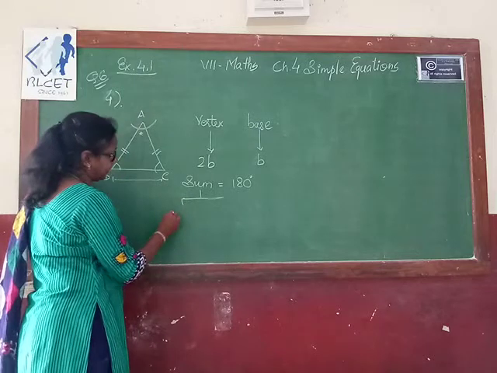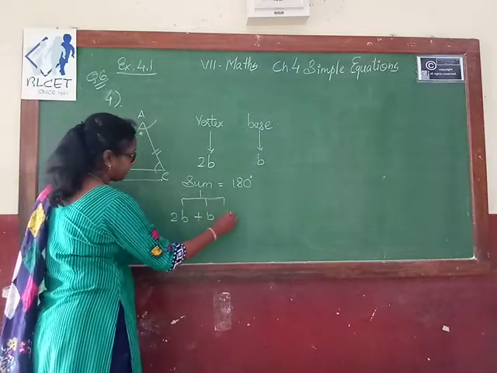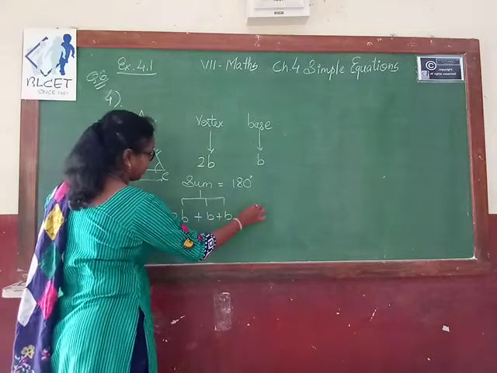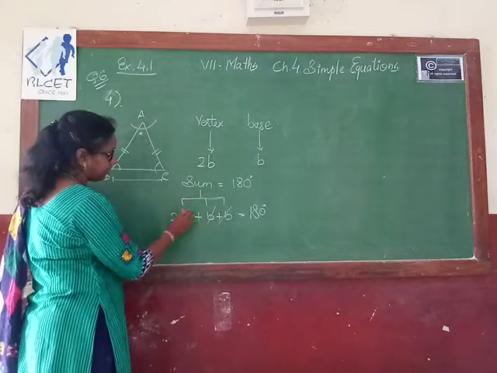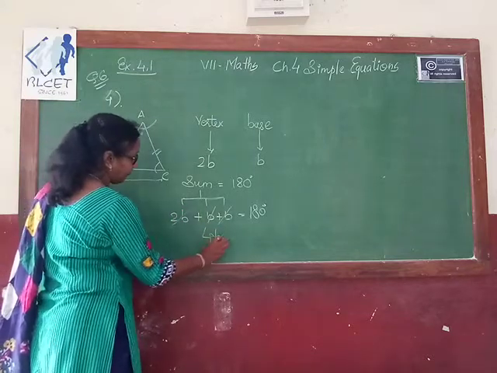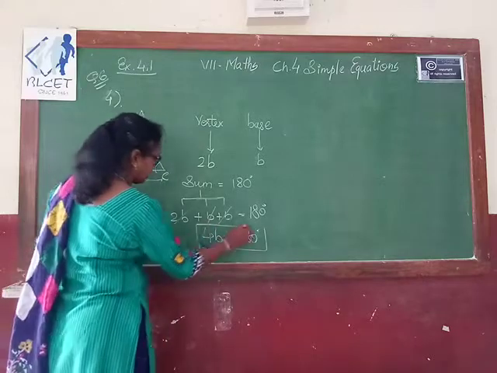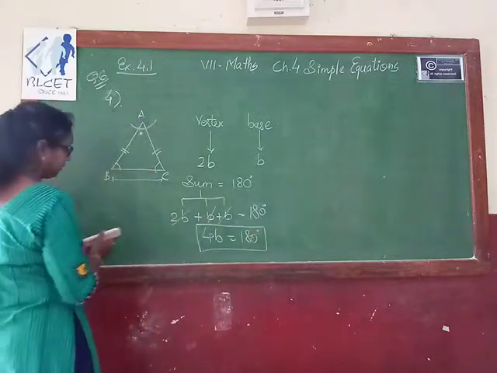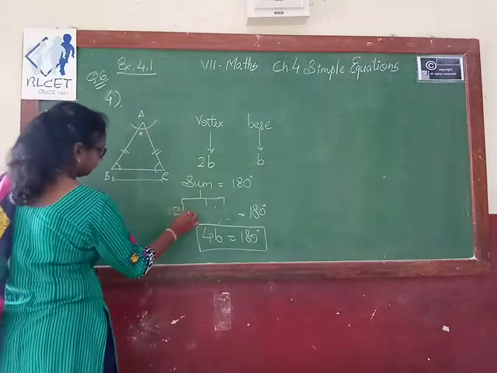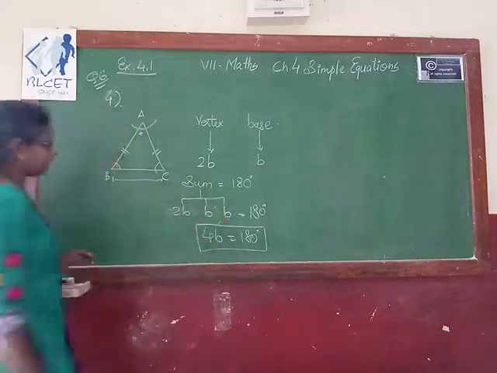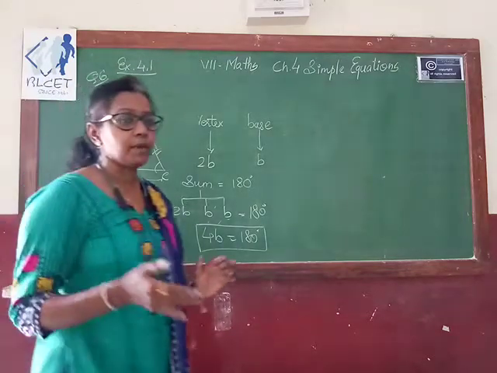So first the vertex angle is 2B, plus the second angle B, plus the third angle B, which is equal to 180 degrees. 2B plus B plus B will give you 4B is equal to 180 degrees. So this is our equation, right? 4B is equal to 180 degrees. So this way we can form an equation.